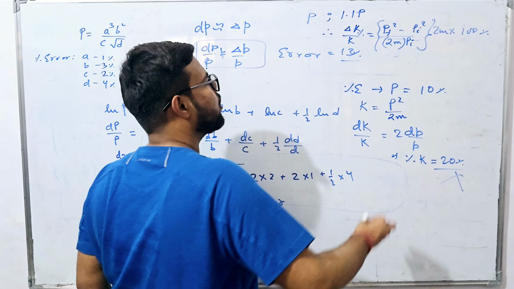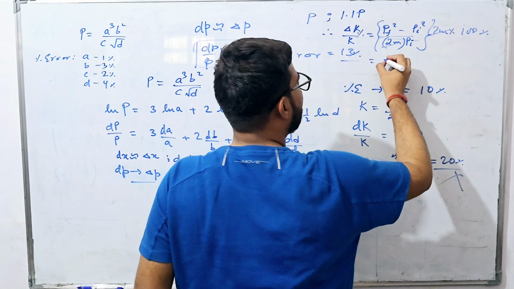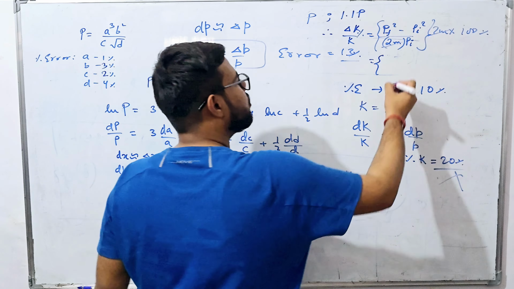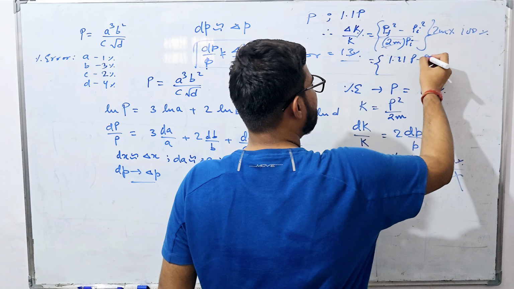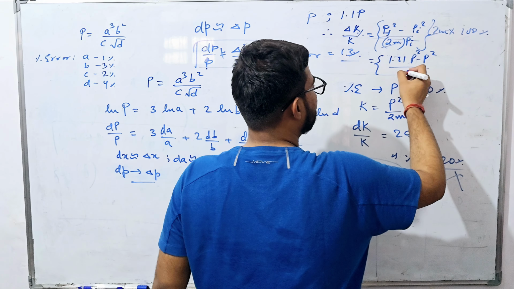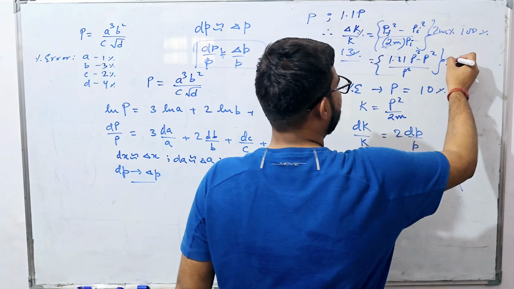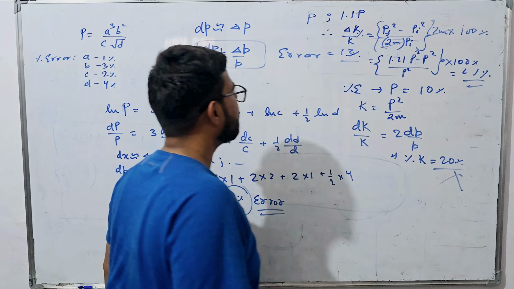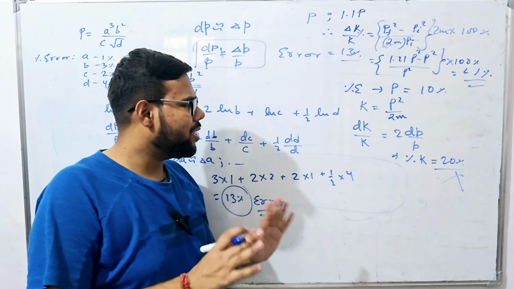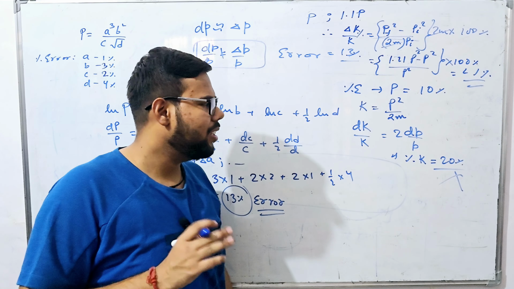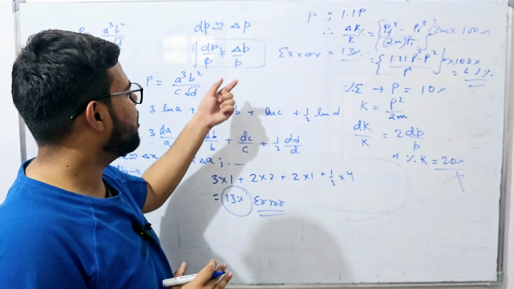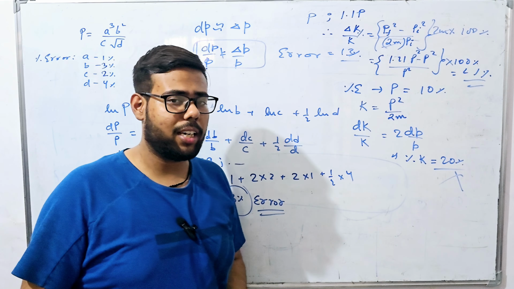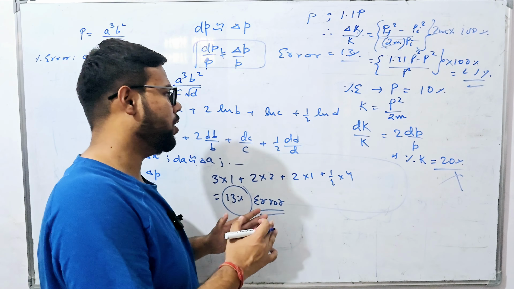This and this get cancelled, so you have simply 1.1 whole square is equal to 1.21. So 1.21 p square minus p square by p square, into 100%, which is equal to 21%. So in this case also you cannot say that dK is equal to delta K, and that is the problem which I feel is in this question also, because the error is 13%. That is what I mean when I say that this question is a bit controversial.